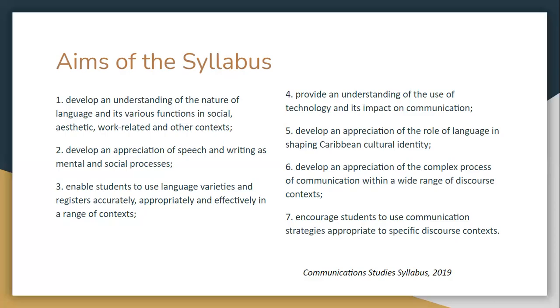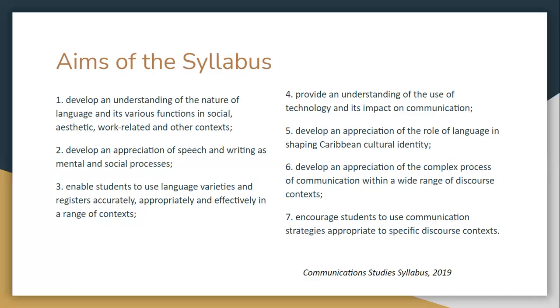Second aim, develop an appreciation of speech and writing as mental and social processes. Very fabulous. Before you can speak, before you can write, it begins in your mind. All right, so it is definitely governed by mental processes as well as social factors. There are a lot of social factors that govern what we say or what we write. Aim one kind of touched on it.